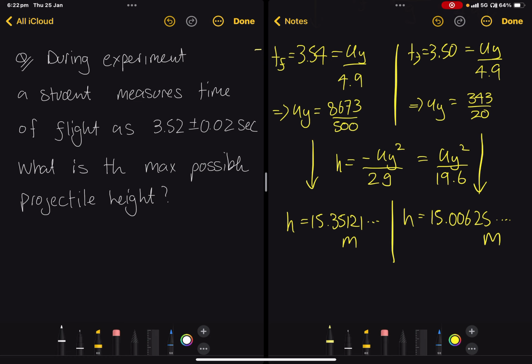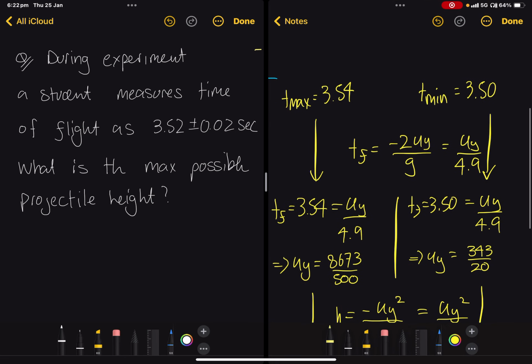So during the experiment they measure the time. What is the maximum possible projectile height? The maximum possible projectile height is 15.35121. This occurs with the condition that the time is maximized.